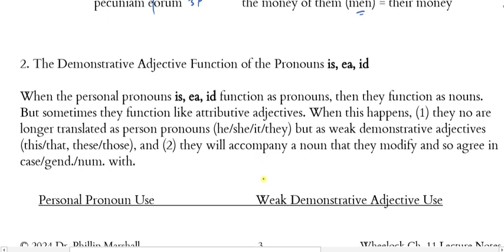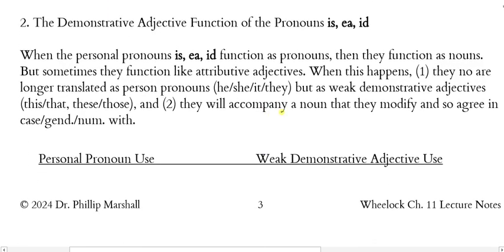The demonstrative adjective function of the pronouns is, ea, id. When the personal pronouns is, ea, id function as pronouns, then they function like nouns do. But sometimes they function like attributive adjectives. So that may be kind of odd to think, but sometimes these pronoun forms are functioning as adjectives. And when that happens, they are no longer translated as personal pronouns because they're not functioning like that.